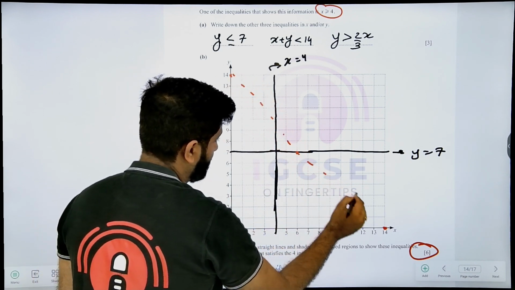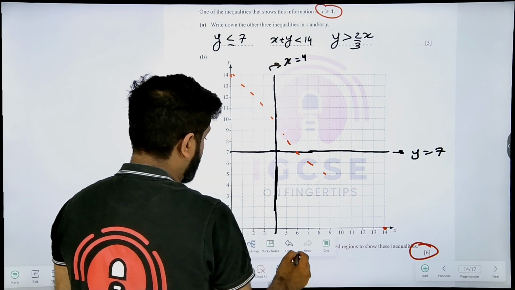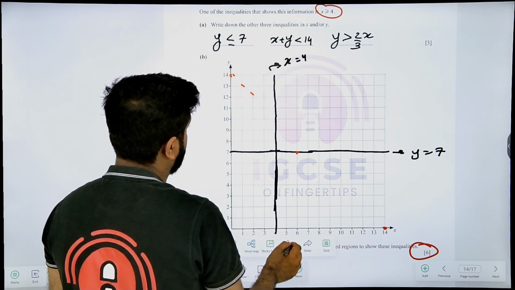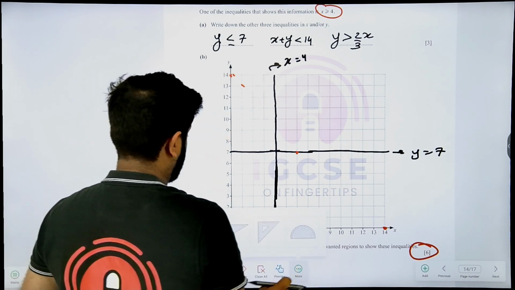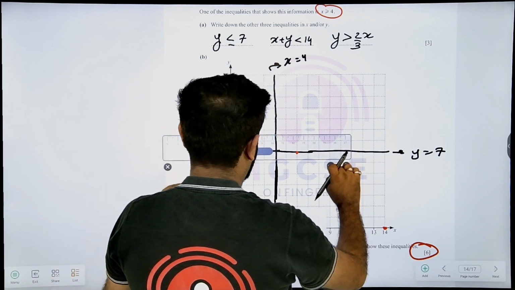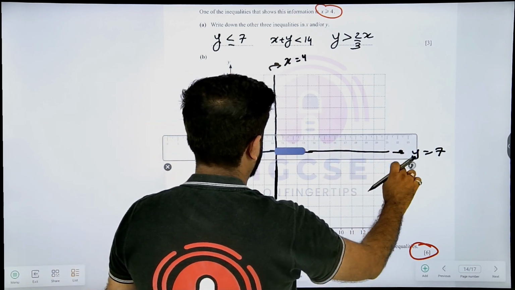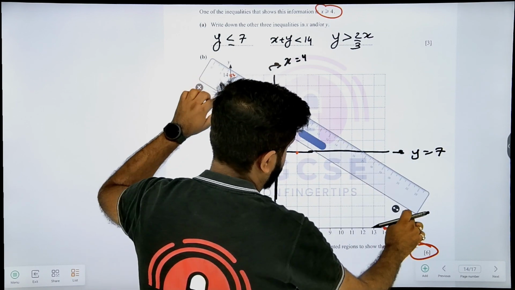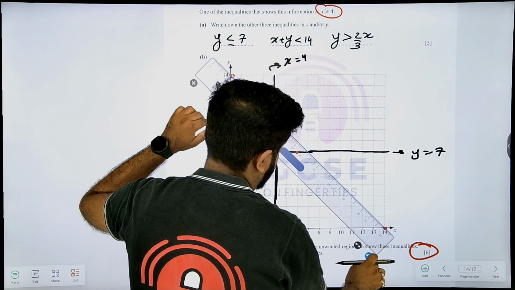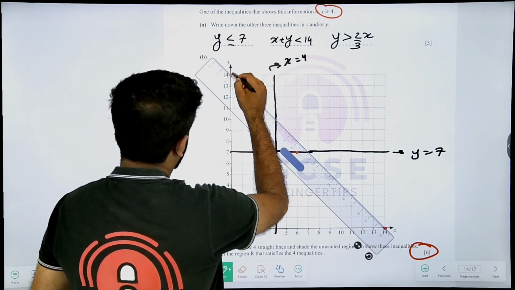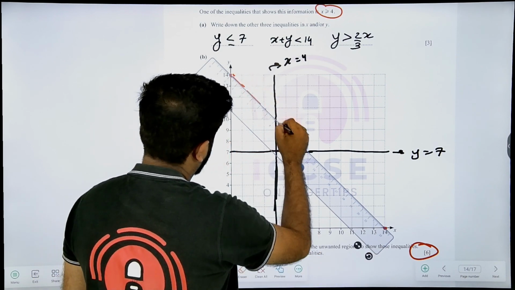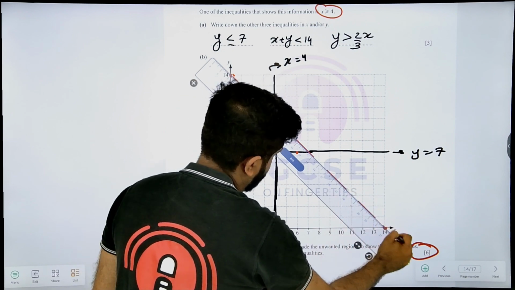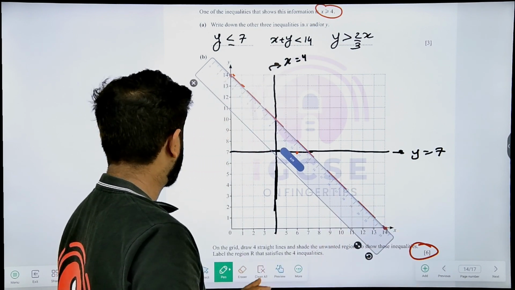a broken line. Please pardon the line. Let me do one thing. Let me try to draw this using a scale. Okay, so this is my line.